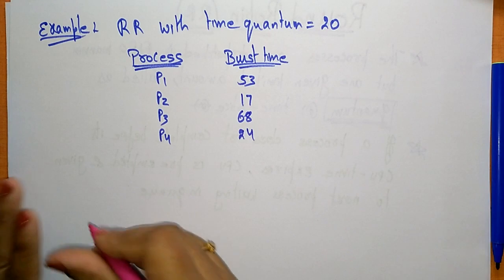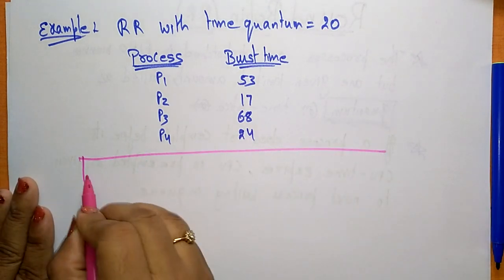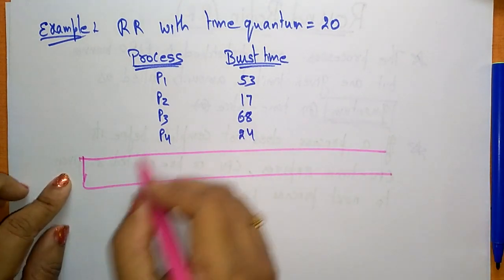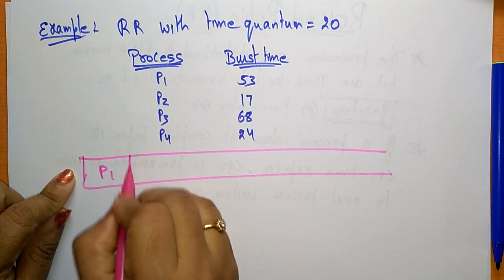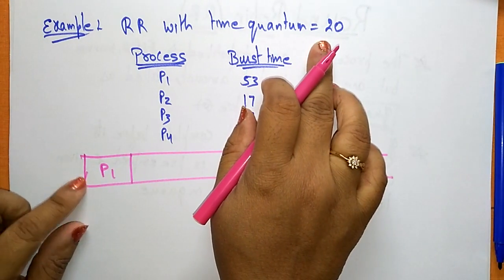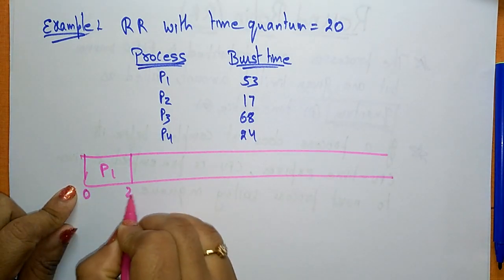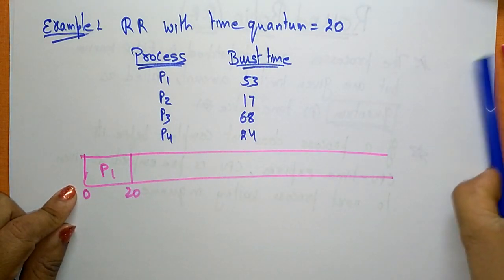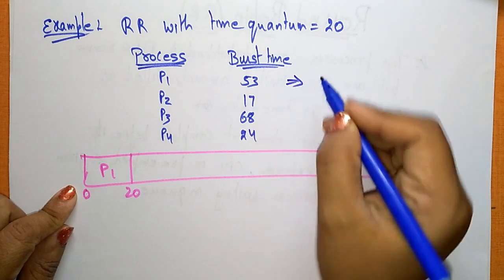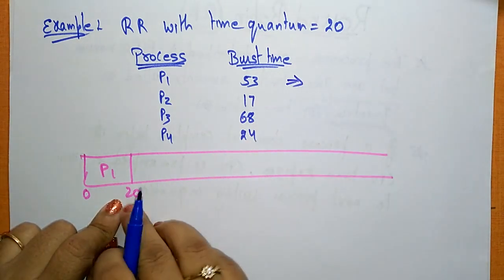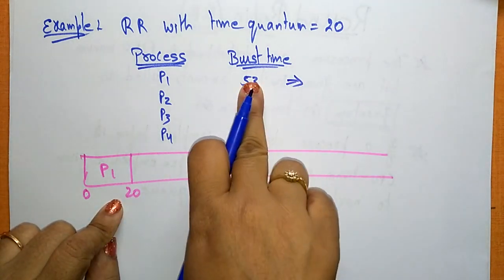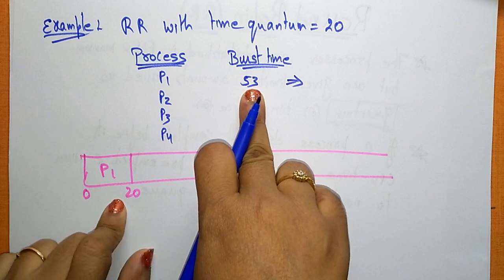Now in which manner is it going to be executed in the CPU? First P1: the time allotted to P1 is only 20, from 0 to 20. Still some time is remaining, because the burst time is 53 but it is given only 20.